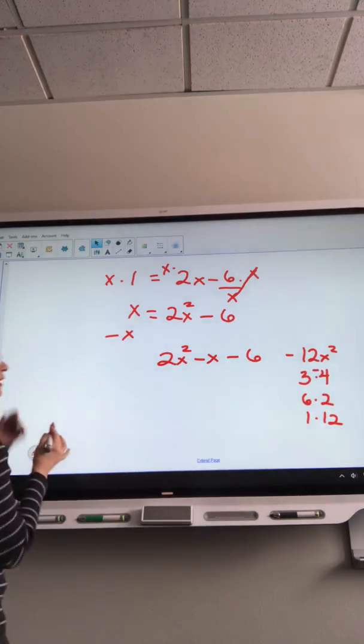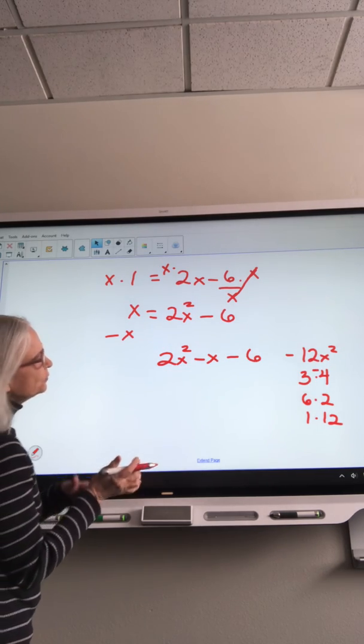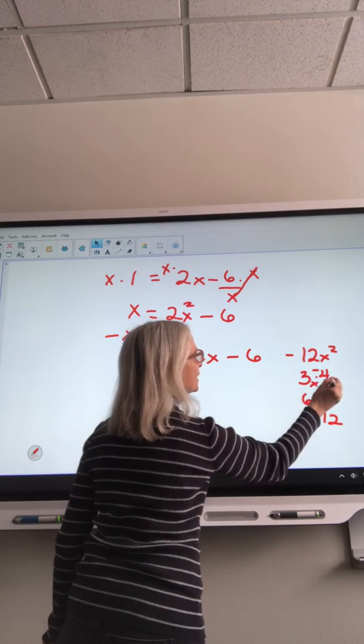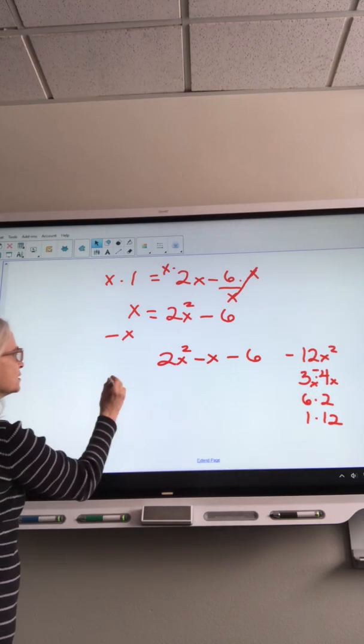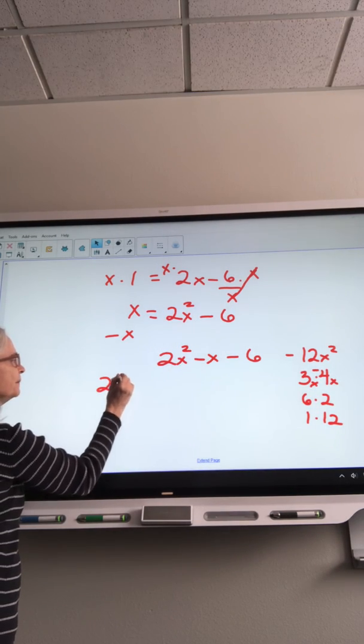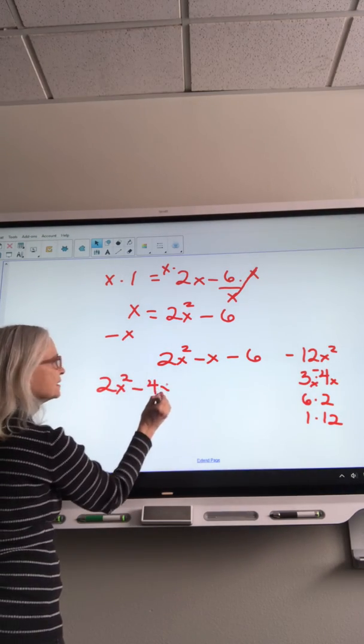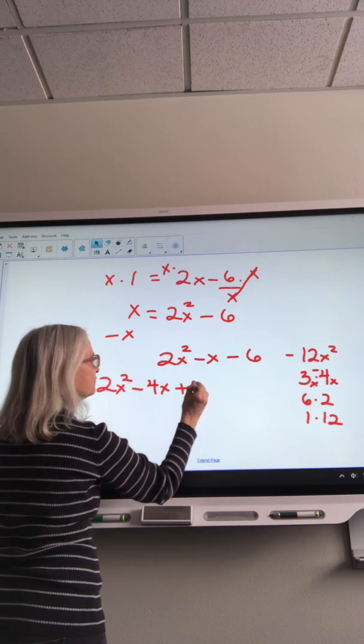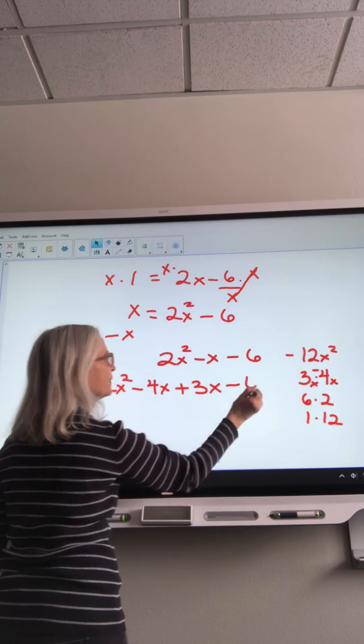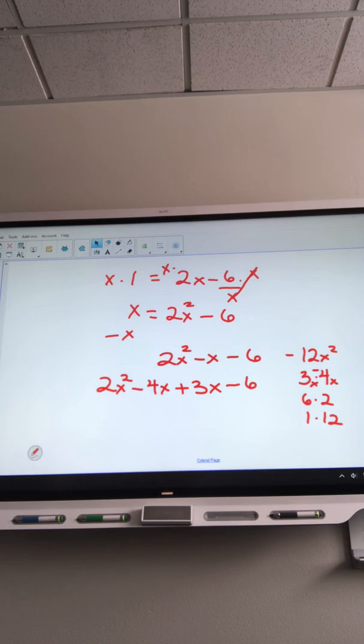So now I'm going to factor by grouping using the 3x times the negative 4. So I copy over my first term. I'm going to go ahead and use the negative 4x next. Then I'll use the positive 3x, and then I'll use my minus 6. We're going to look at the first two terms, and we're going to factor out a greatest common factor, which looks like 2x.